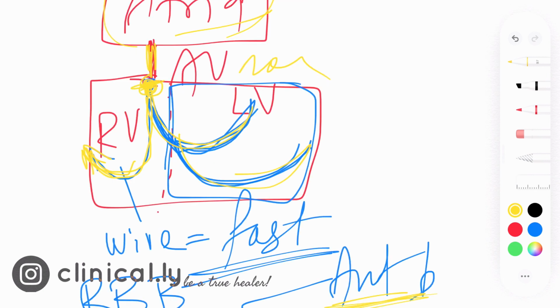As soon as the current lands here, the activation starts to naturally flow towards the right ventricle. So this is what happened naturally. First, activation starts traveling towards the right ventricle. But as this activation starts to travel, the current which was here is in a fraction of a second transferred to the distant parts.